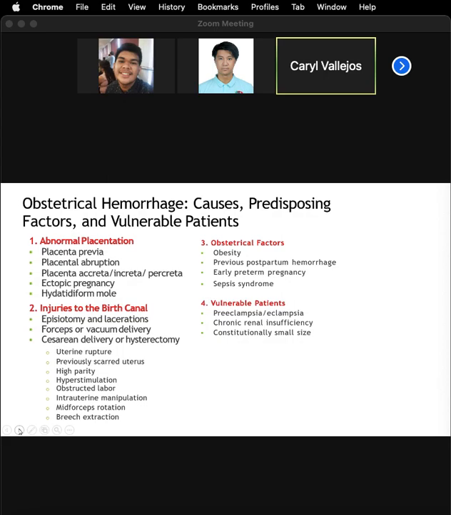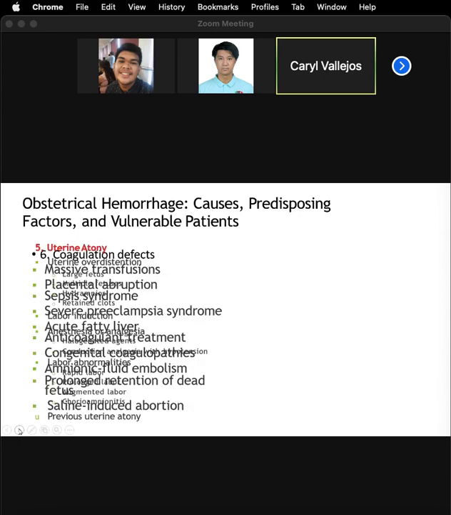Injuries to the birth canal include episiotomy and lacerations, forceps or vacuum delivery, and cesarean delivery. For obstetrical factors: obesity, previous postpartum hemorrhage, early preterm pregnancy, sepsis syndrome. And vulnerable patients are those with comorbidities such as preeclampsia or eclampsia, chronic renal insufficiency, and small stature.